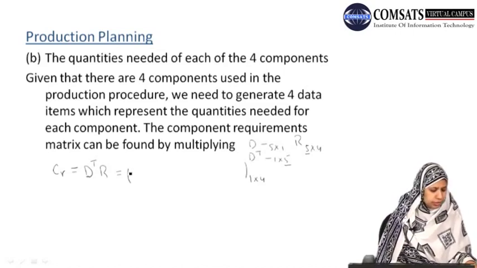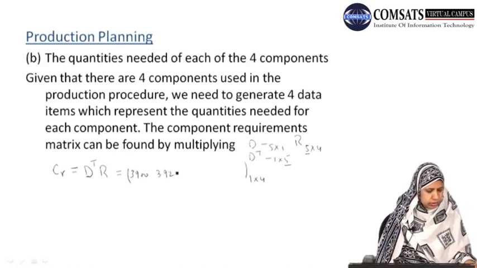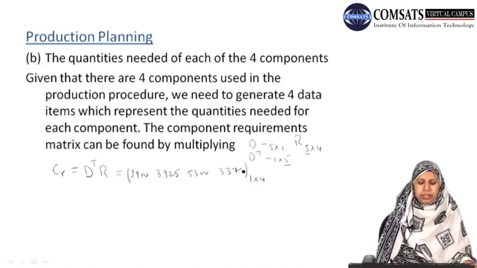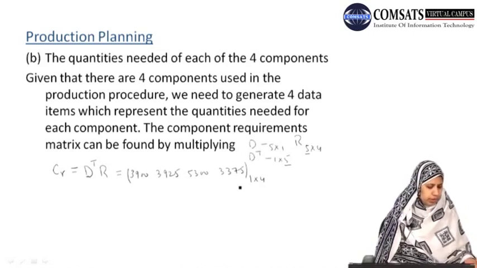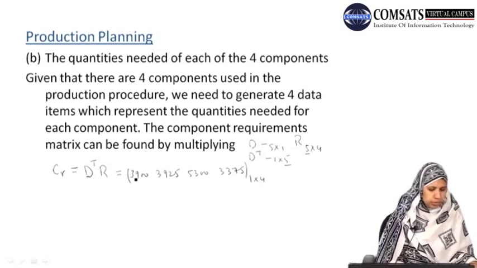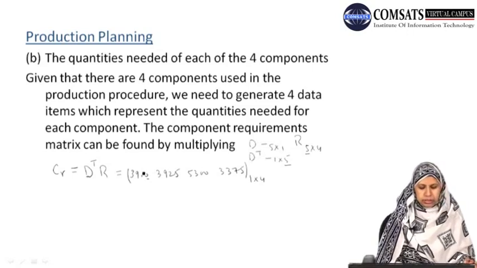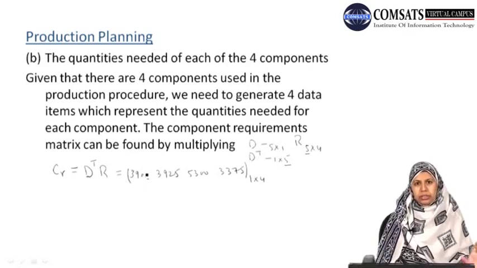we obtain the matrix with entries 3900, 3925, 5300 and 3375, a matrix of order 1 by 4, where 3900 tells us that 3900 units will be required for component 1.